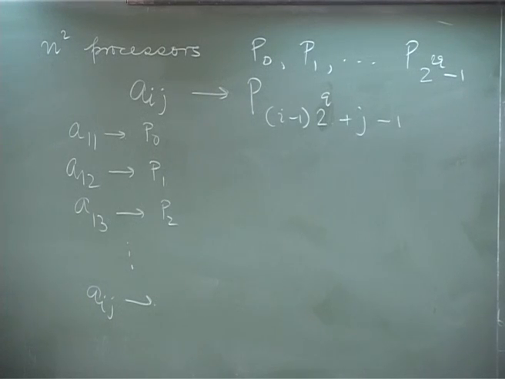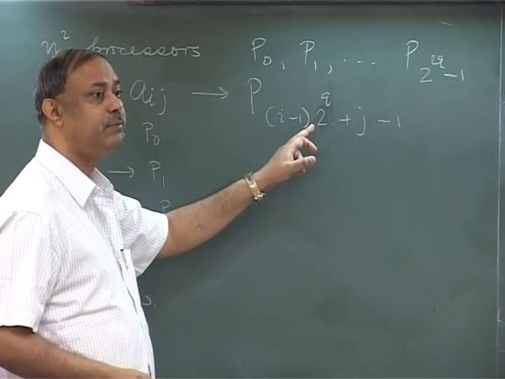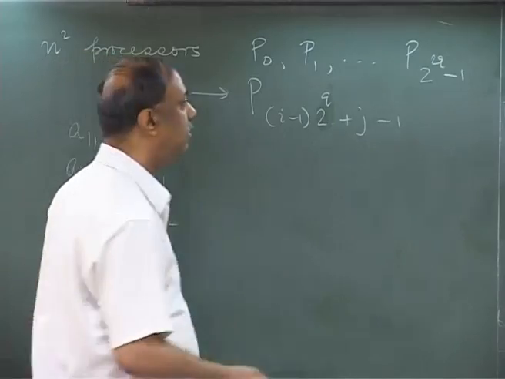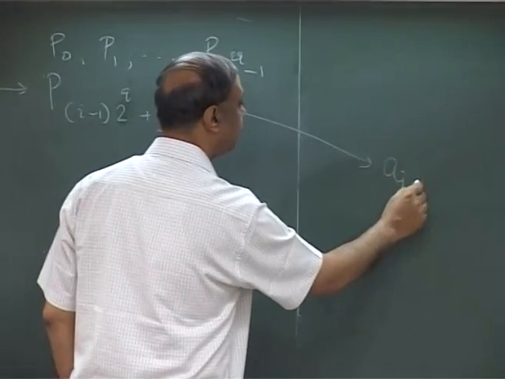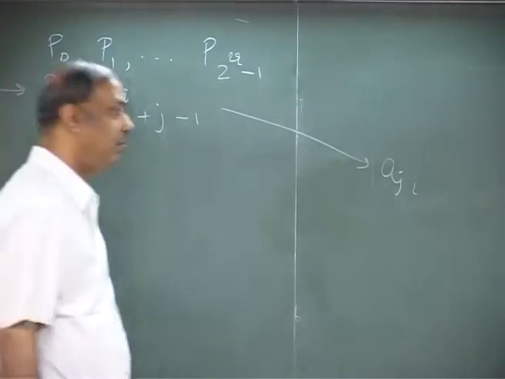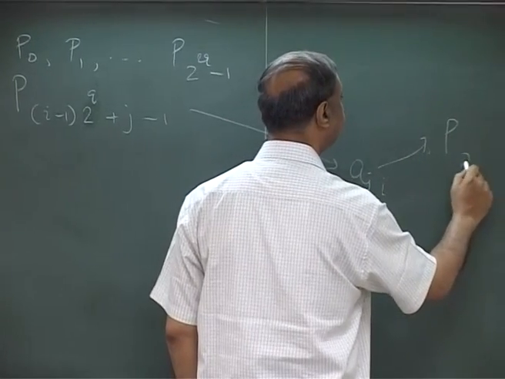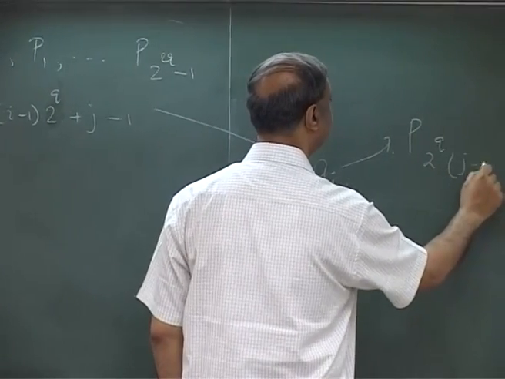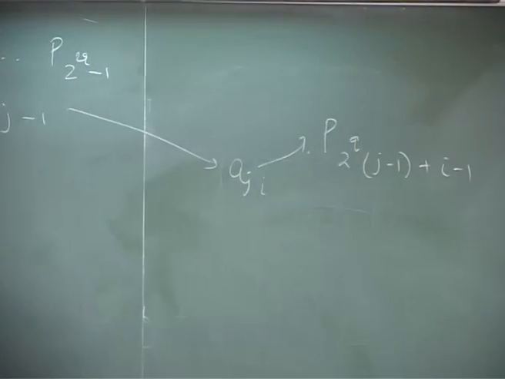Yes. Now, Aij is stored in this. Aij has to be moved to the location of this. Agreed? That means the processor index will be this.